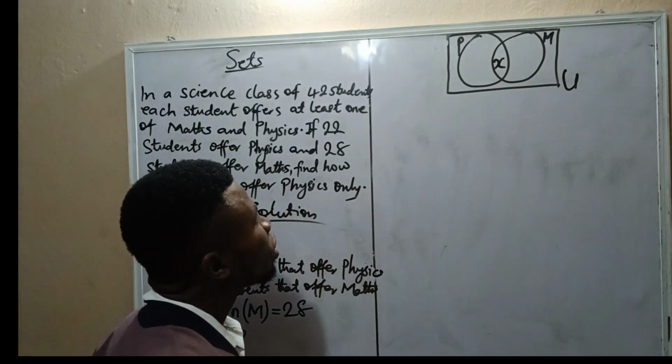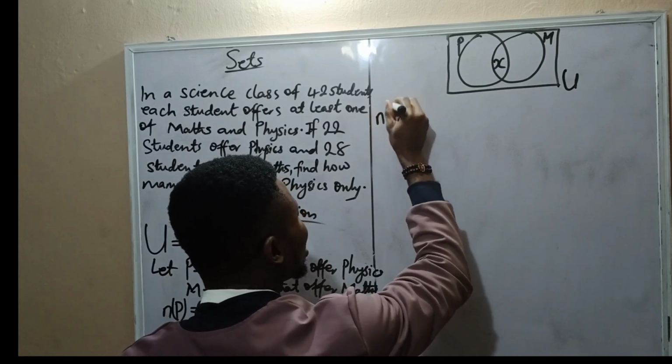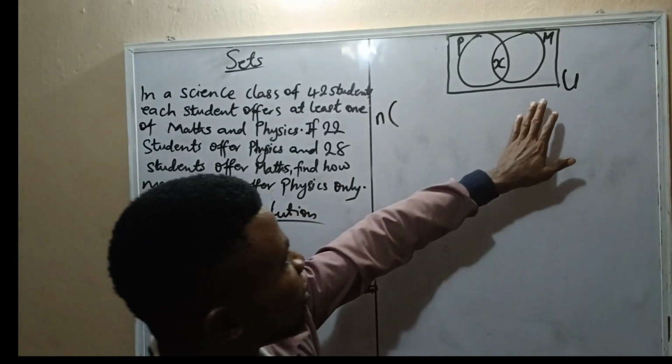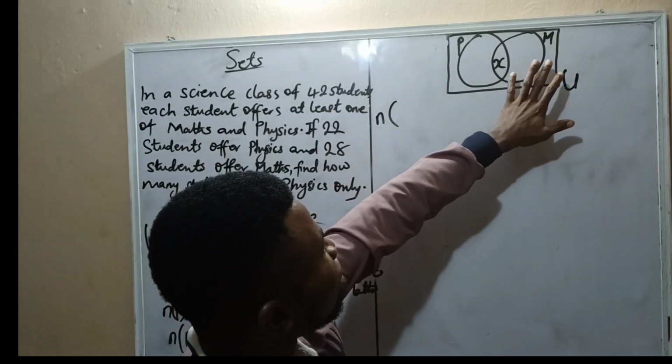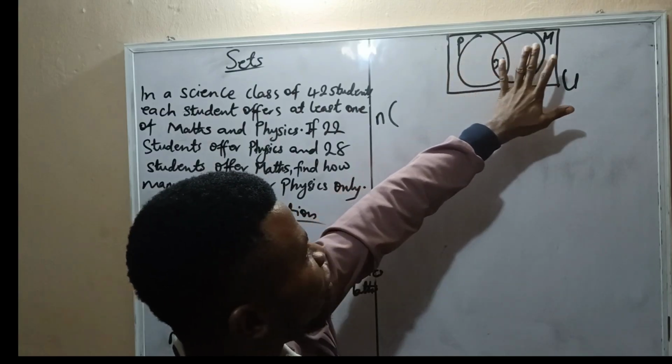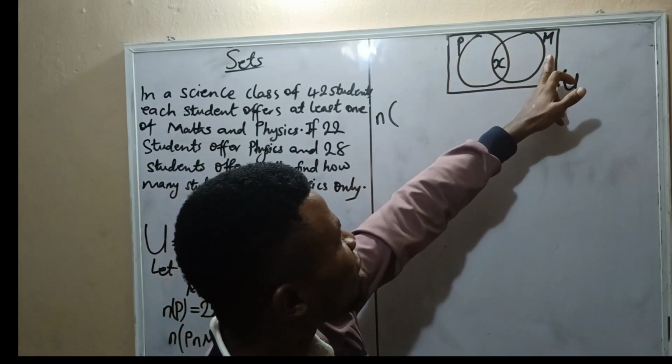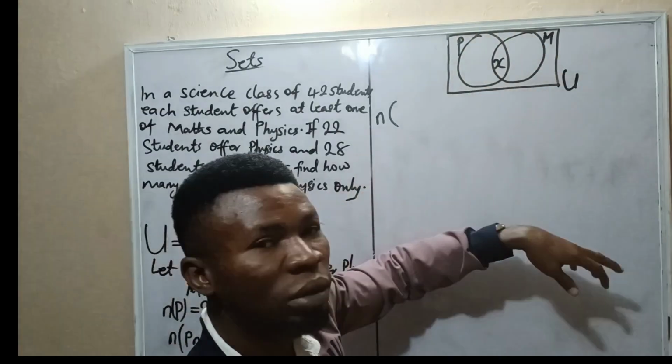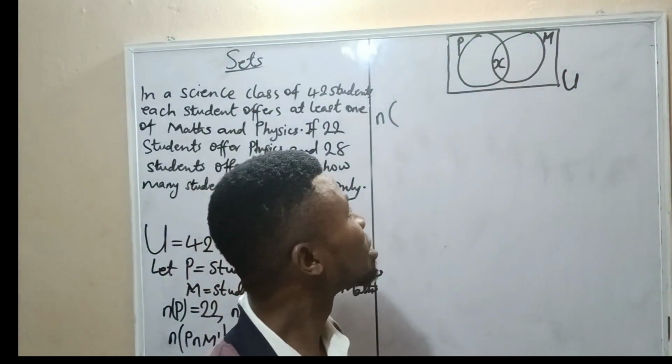Now, the number in the universal set is the number of students that offer physics, those that offer mathematics, and even those that do not offer any at all. All of them are in the universal set.